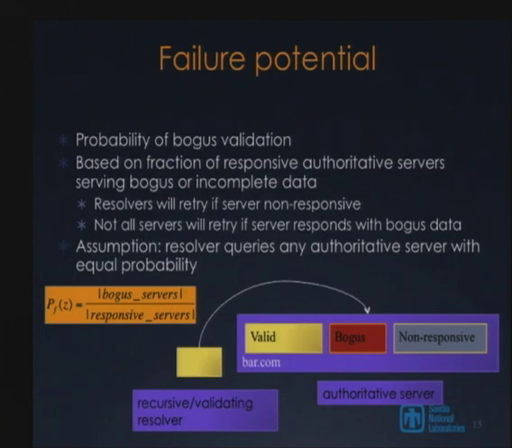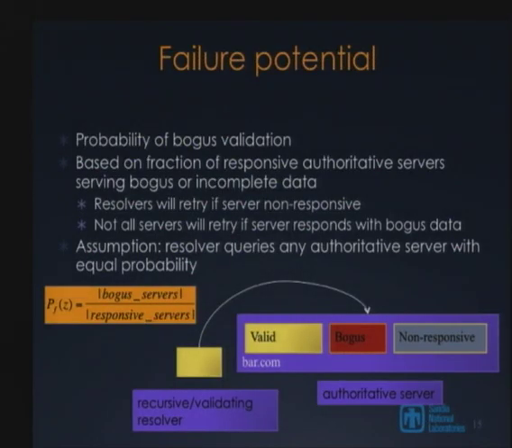So now here's one of the issues: it's not cut and dry that you're either going to get a failure or a success when it comes to DNSSEC validation. The reality is that, partially because DNSSEC is so new in terms of implementation and deployment, sometimes you're getting a mixed bag where there's a possibility of failure because some of your servers aren't serving the same data. They're, again, inconsistent responses.